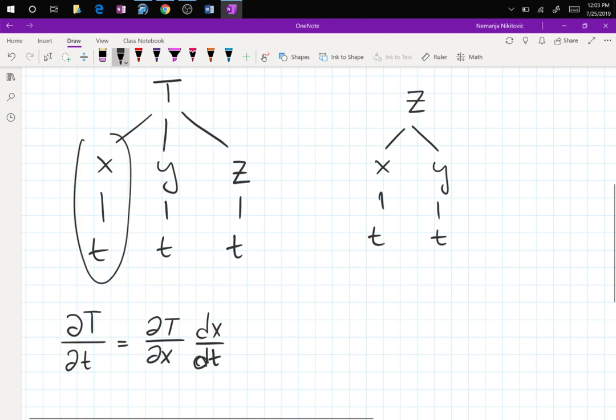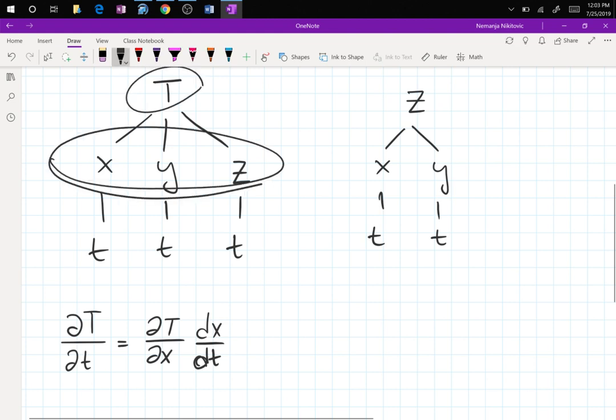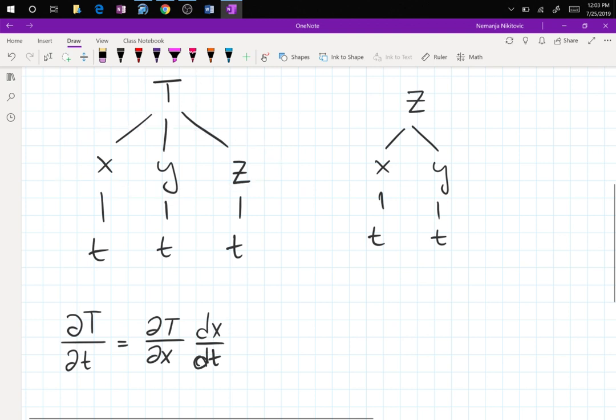Because it's straight through. X depends only on t. And when the variable depends only on one variable, we use the regular calculus 1 derivative. When a variable depends on multiple variables, you use a partial derivative. So partial derivatives are when you branch, and if you have a straight through where the variable depends only on a single variable, you use the regular derivative.